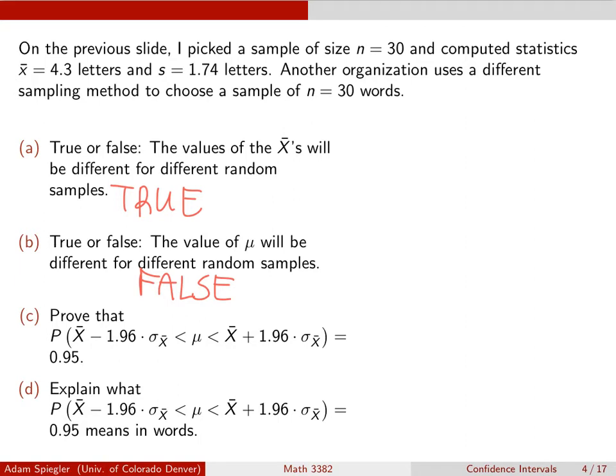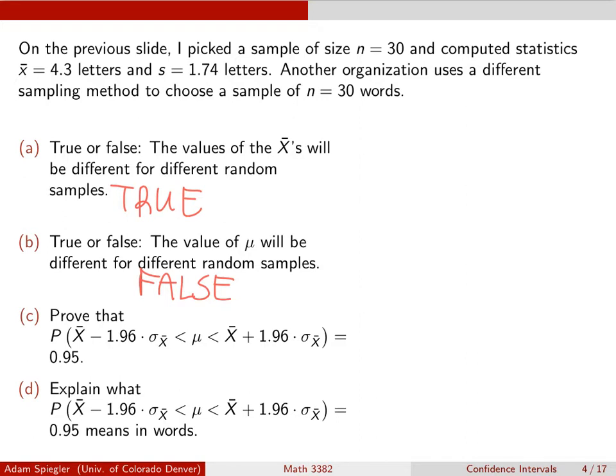If we want to prove this statement, we can do this algebraically. The first thing I can do is subtract X bar from everything. If I subtract X bar from everything, we're not going to change the relation in the inequality. We're just going to change where that inequality is centered.